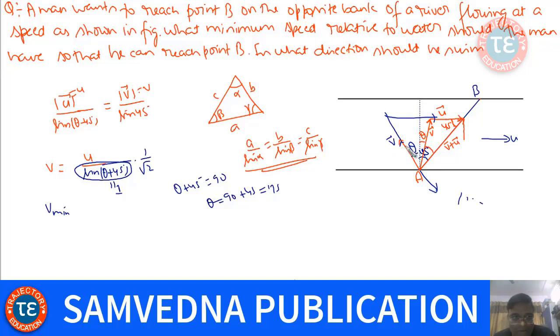So we must be on this side of the vertical. So it's theta plus 45, and it will be minimum when this is maximum, and the maximum value of this is 1, that will be u by root 2, and the direction will be in this direction with theta equals 45. This will be the direction of v. Alright, this is how we can do this question.